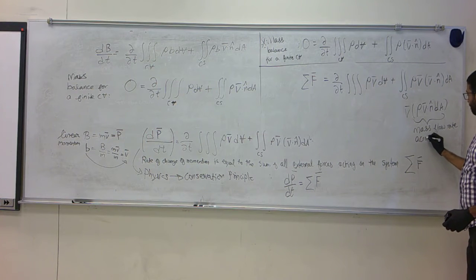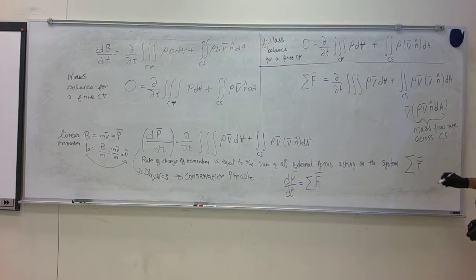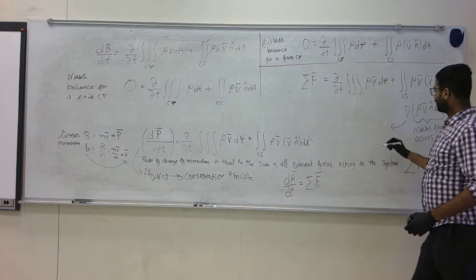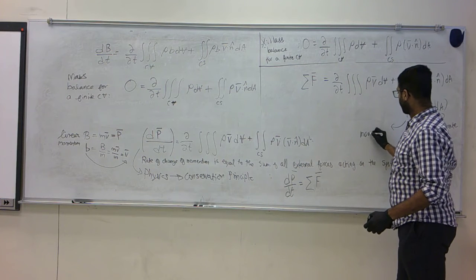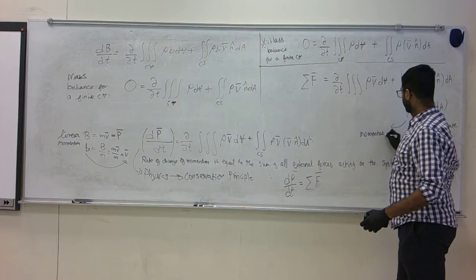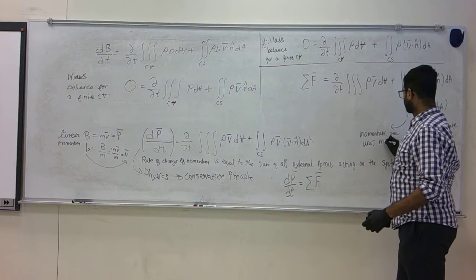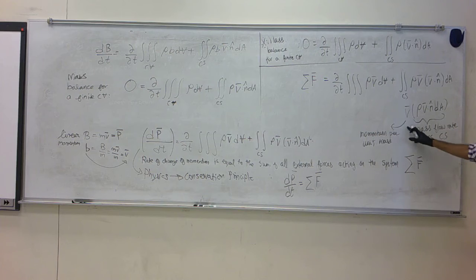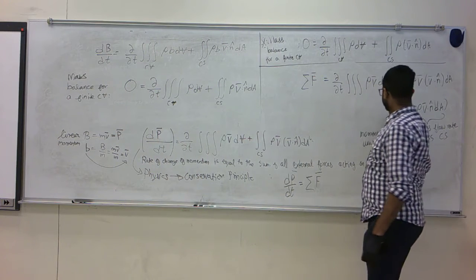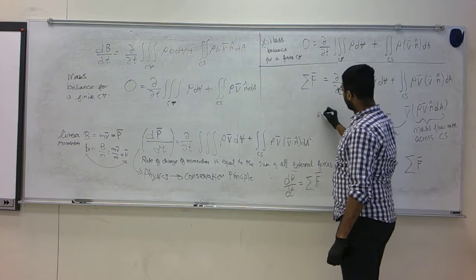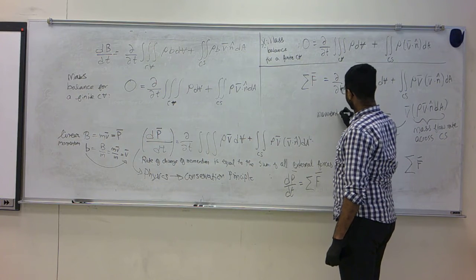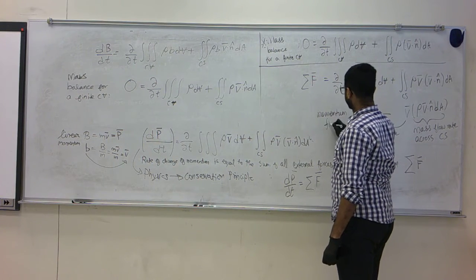When I multiply this by momentum per unit mass, that is momentum per unit mass multiplied by mass flow rate, what I get here is momentum flow rate.